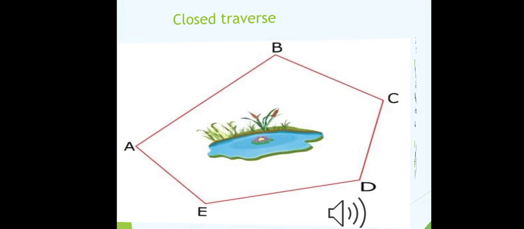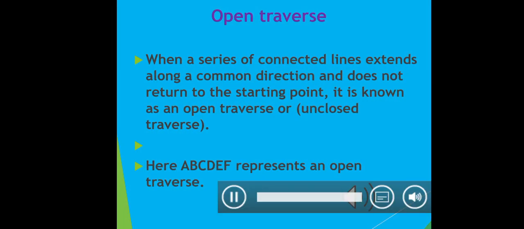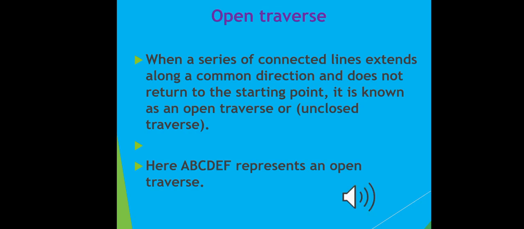In this picture, when a sequence of connected lines extends along a general direction and does not return to the starting point, it is known as open traverse or unclosed traverse.